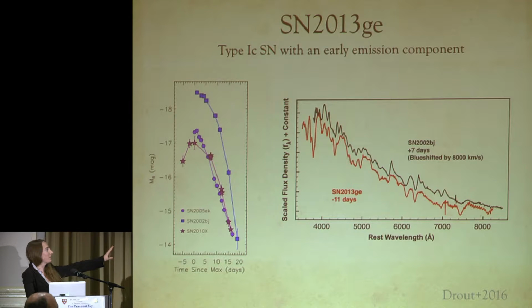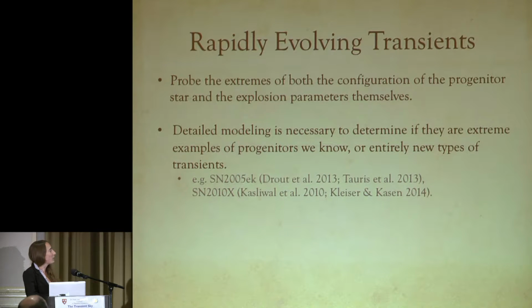There are several different ways you can explain these sorts of results, but it's possible that what we're seeing is an example of a related process, but in a massive star that then successfully explodes as a supernova afterwards. So that was a very long-winded introduction to why some rapidly evolving transients are showing us that we really are probing the extremes of some of the progenitor stars and explosion parameters themselves.